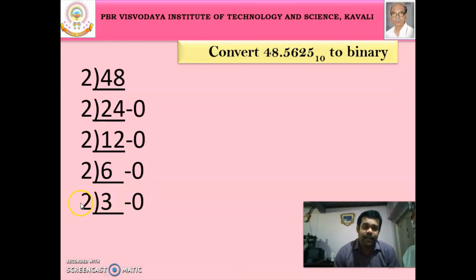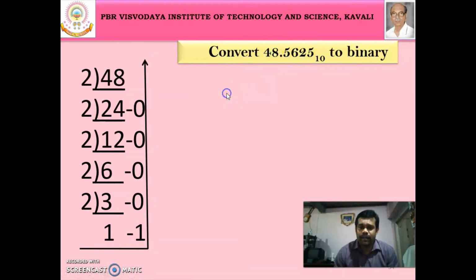This 3, when you are dividing it by 2, you will be getting 1 and the remainder as 1. Again, if you are dividing this 1 by 2, you will be getting the quotient as 0. So we can stop at this point and we have to write the answer like this. That is 1, 1, 0, 0, 0, 0. This is the answer for this whole number part.